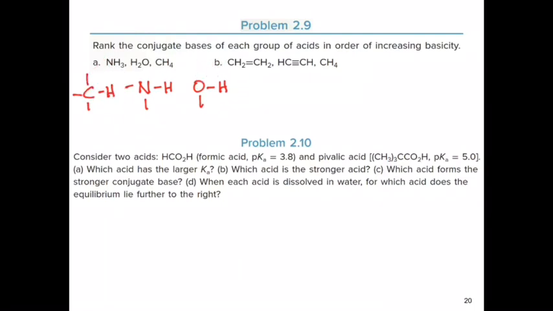And so in terms of their basicity, the strength of their conjugate bases would be the reverse, right? So this would be rank number 1, right? Its conjugate base would be higher than this one right here, and this would be higher than the basicity of water.